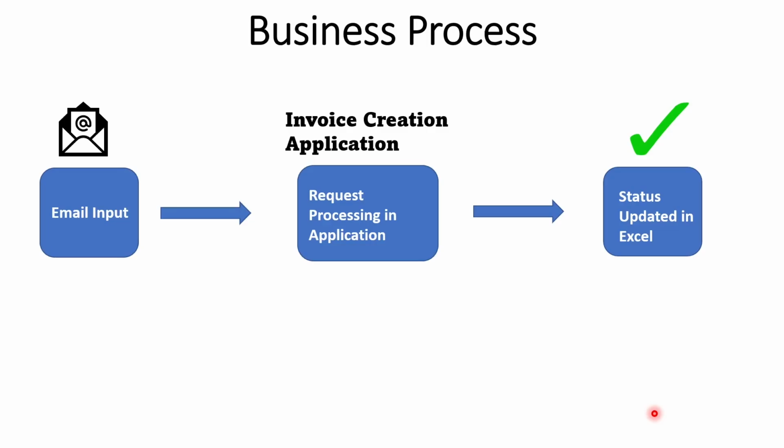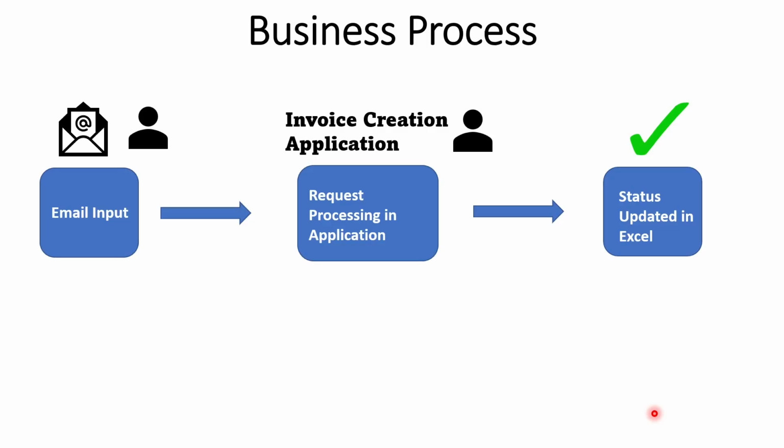There will be a user who will read the invoice input data from the email. Then he will go into the invoice creation application, insert that data and submit. That in turn will generate an invoice number.